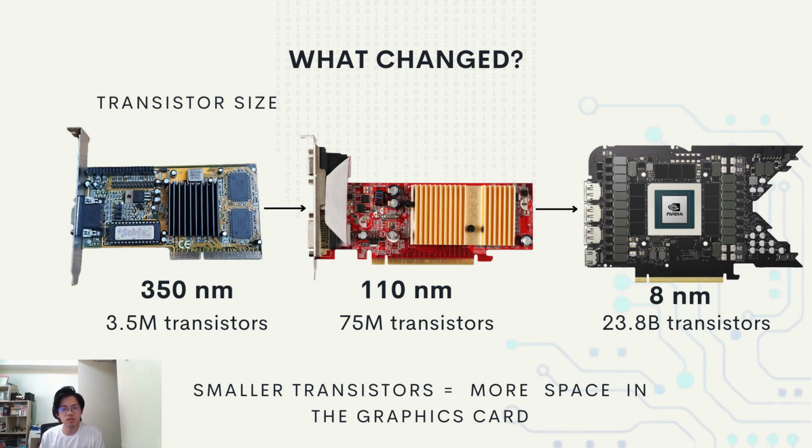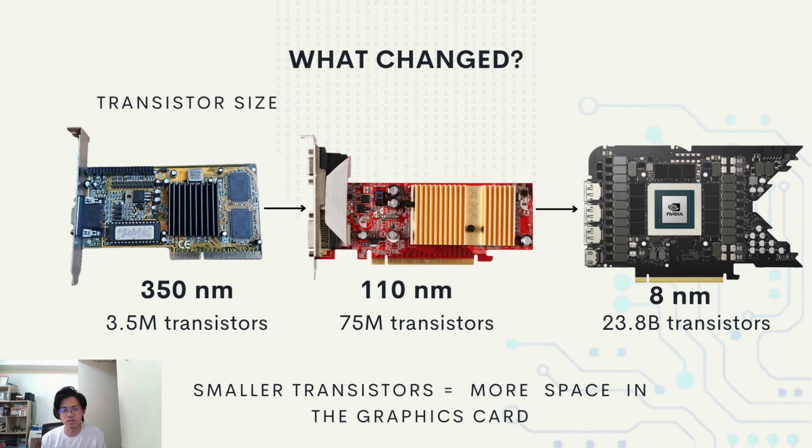Transistors, the tiny components in computers that act as the bits explained earlier, have gotten so small that manufacturers could simply put more transistors on a chip to increase computational power. Here we can see 3 GPUs from the left to the right, namely the Intel 740, released in 1998, the GeForce NX 7100GS, released in 2007, and the RTX 3080, released in 2020.